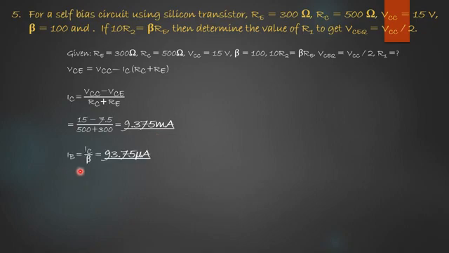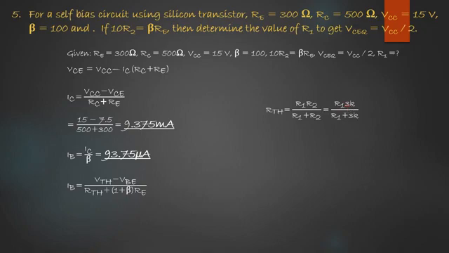Once we have found that, we can also find IB. The ratio of IC and beta gives us the value of IB. We know the expression for IB when we apply KVL across the input loop of the self bias circuit. We get IB to be (VTH minus VBE) upon (RTH plus (1 plus beta) into RE), where RTH is R1 R2 by (R1 plus R2).